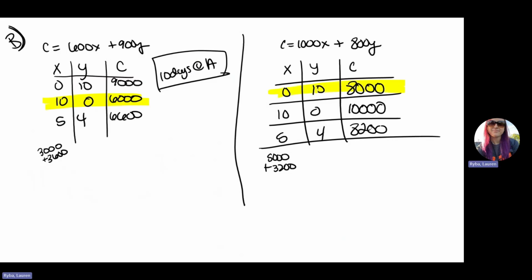And now my lowest is 10 days at B. So you can see how adjusting the costs can determine where it's best to then do my production.